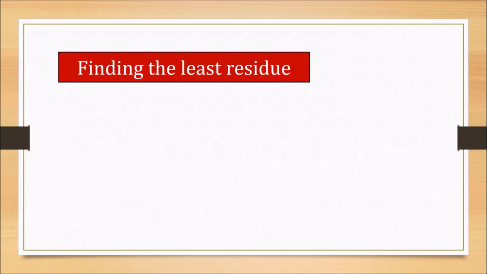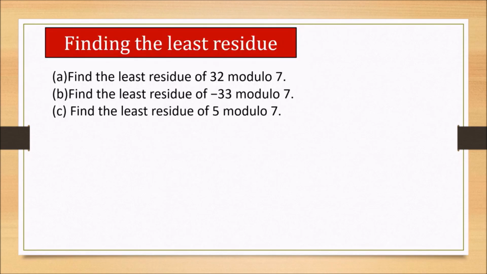Now the procedure for how to find the least residue. I have taken 3 questions, and through the examples we can understand how to find the least residue. First is find the least residue of 32 modulo 7.